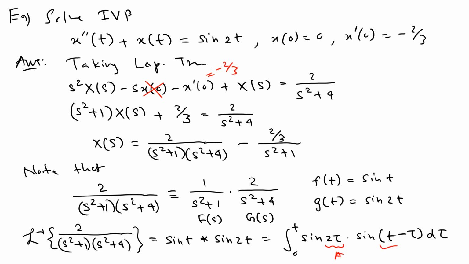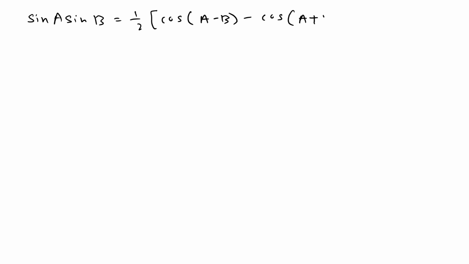We're going to call this A and this B. Then we're going to use the sine product rule. So what's the sine product rule? We know that sine A sine B equals 1/2 times cosine of A minus B minus cosine of A plus B. This is not actually that difficult to prove.